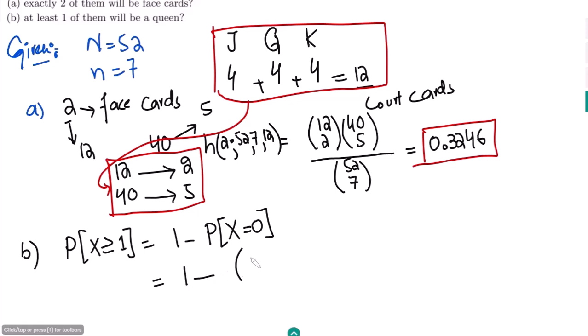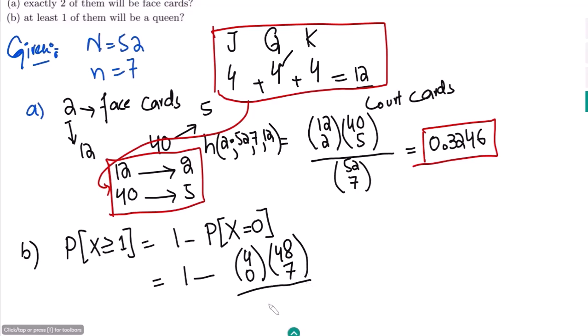How many queens do we have here? We have 4 queens, and if x is equal to 0, or no queens, then from 4 we should have no queen. The remaining cards here are 52 minus 4, so those would be 48, and from 48 I have to select all the cards, which are 7.